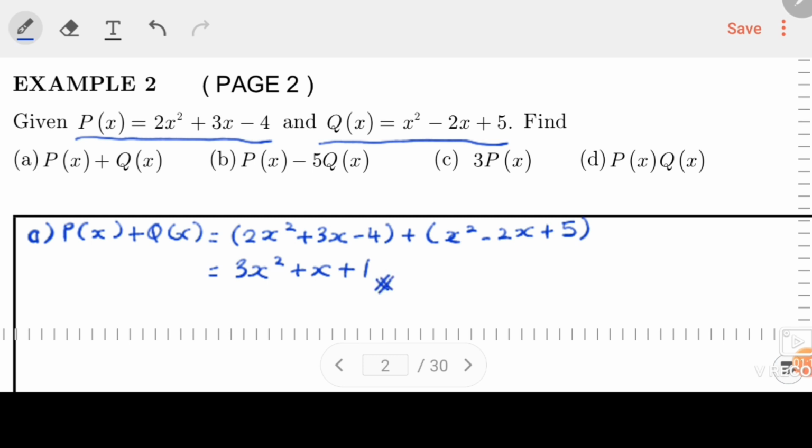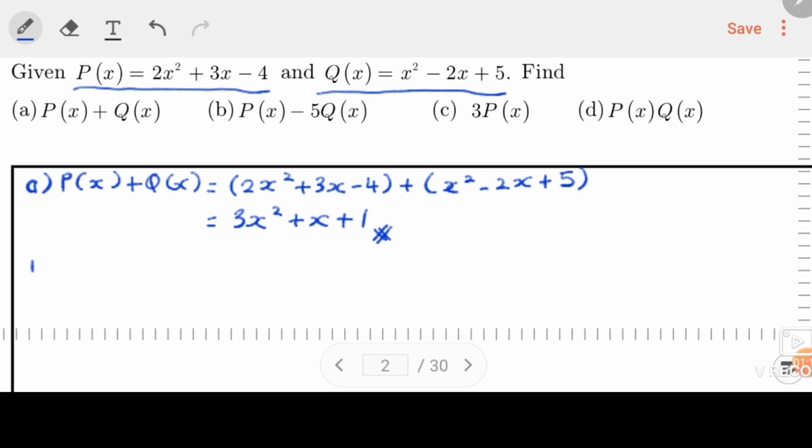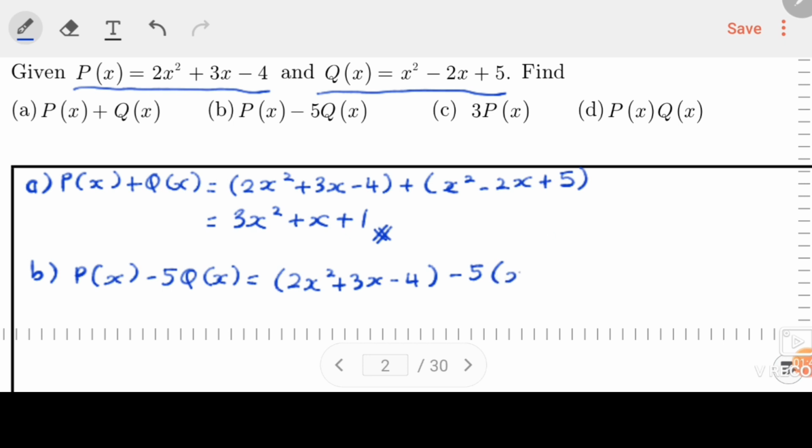Okay, next for part B, the question asks for P(x) minus 5Q(x). Again, similar to part A, we have to substitute both P(x) and Q(x) into the expression. Substitute P(x), 2x squared plus 3x minus 4, minus 5, substitute Q(x), x squared minus 2x plus 5.